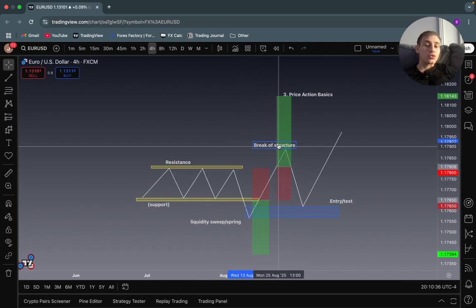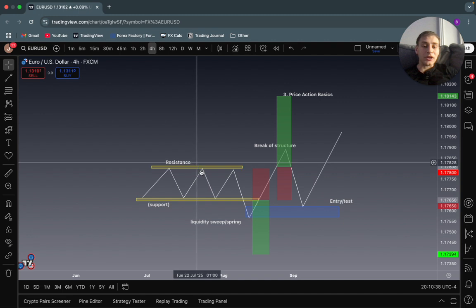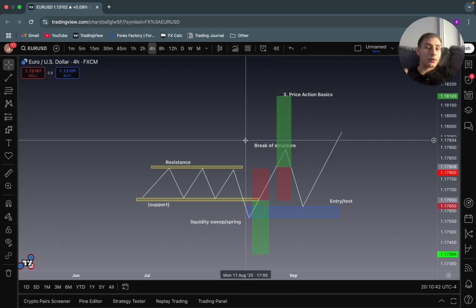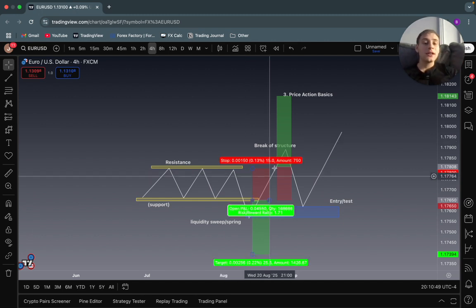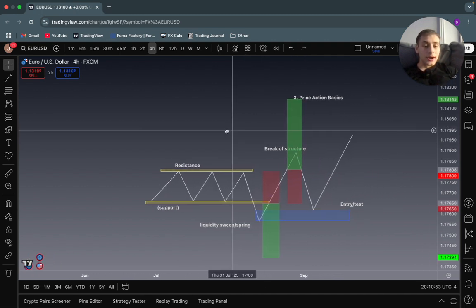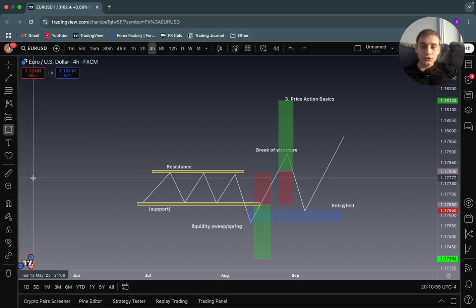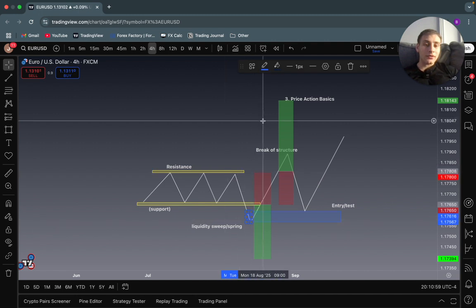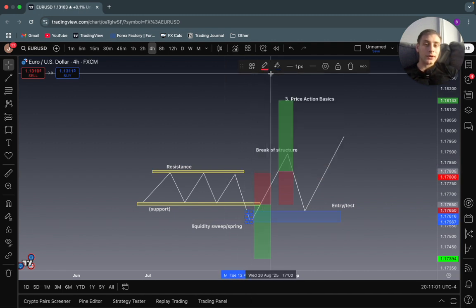It breaks structure to the upside because it broke these previous highs that we had right here, confirming market structure being shifted, right? And then what would this look like in what I just told you guys, right? Where essentially in the actual market, let's just make this red, right?